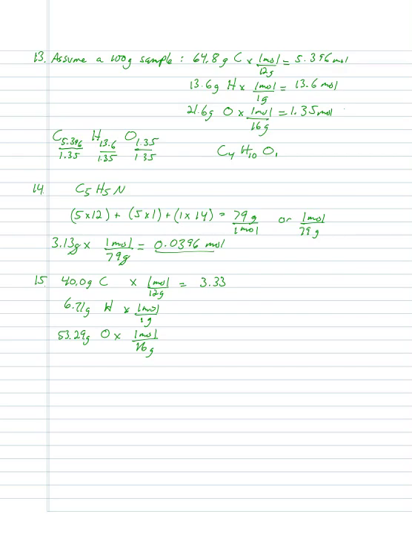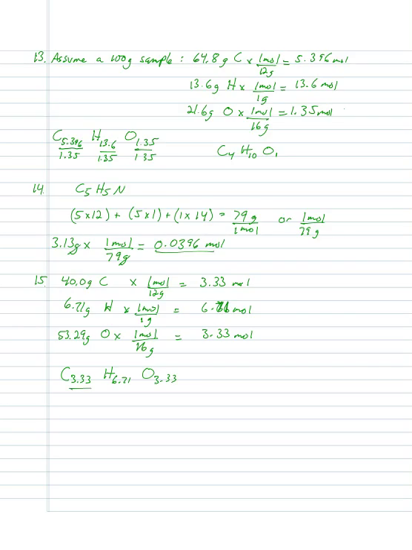We get 3.33 moles. We get 6.66 moles. I guess 6.71. I had actually carried out an extra decimal there before. And then we get 3.33 moles here as well. Okay, so we have an empirical formula initially, our weird one, of C 3.33, H 6.71, O 3.33.